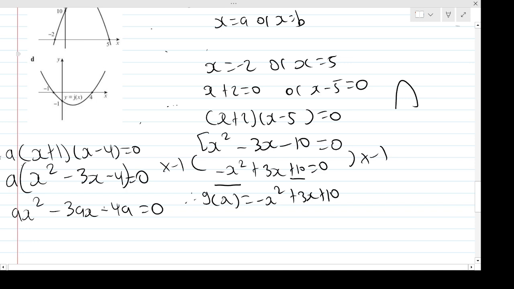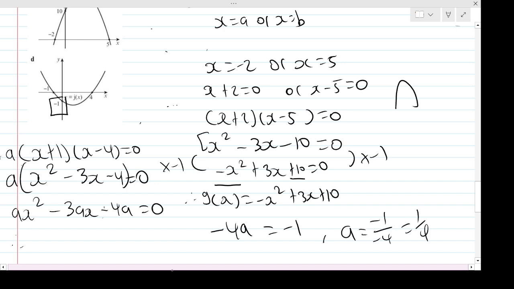To work out a, I have to note that the y-intercept of the actual quadratic has to be -1. That's telling you this number outside has to be -1. So that means -4a has to equal -1. That means we can solve for a. So a would be -1 over -4, which is 1 over 4.